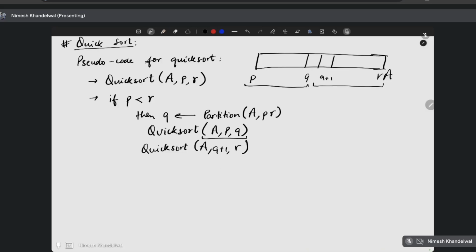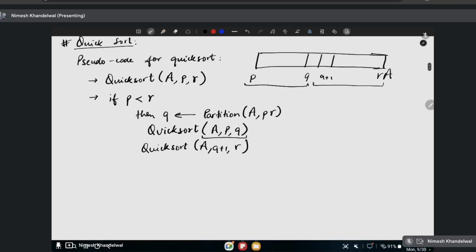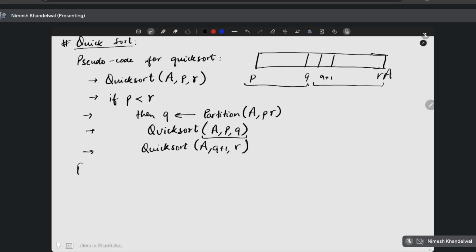Of course, on the first call, p is 1 and r is n, so the entire array is sent into the function, right?